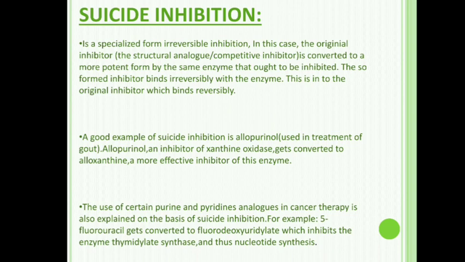The next example could be considered of the purine and pyrimidine analogs in cancer therapy, which is actually based on suicide inhibition itself. And the example of such is 5-fluorouracil, which gets converted to fluorodeoxyuridylate, which inhibits the enzyme thymidylate synthase and thus nucleotide synthesis.